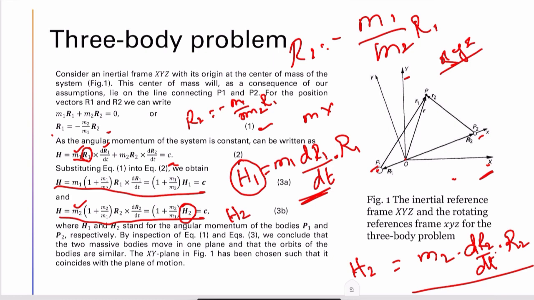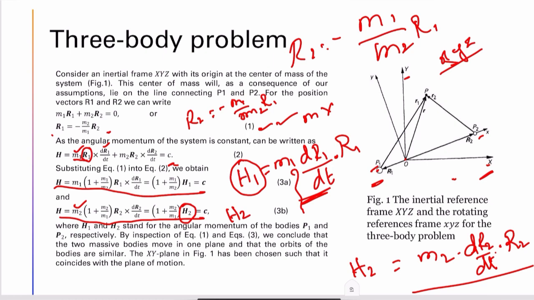So H1 and H2 stand for the angular momentum of bodies P1 and P2 respectively. By inspection of equations 1 and 3, we conclude that two massive bodies move in one plane. So the massive bodies P1 and P2 are moving in the same plane. They are always in a plane.